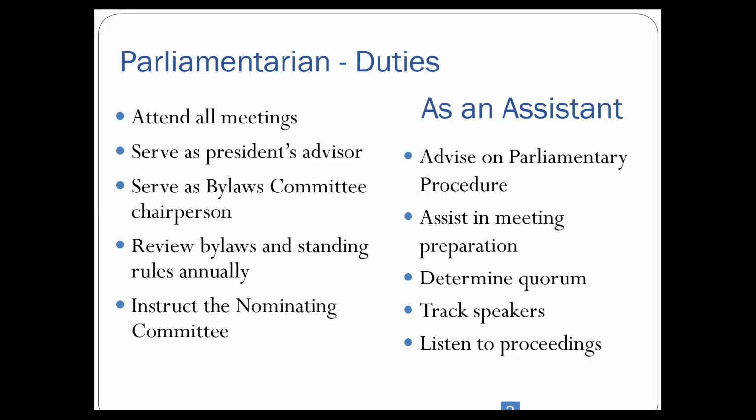One way to do that discreetly is to maybe have a little notepad and slip a note to the president if something is amiss and something's not going as it should be during the meeting. Handout number 2 is a sample PTA agenda with motions and phrases that will assist the president. So you can take a look at that when you do get a chance.